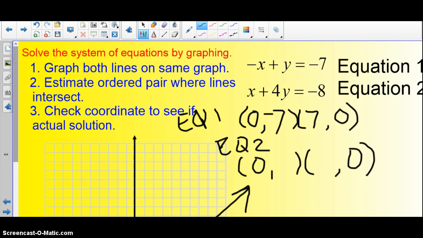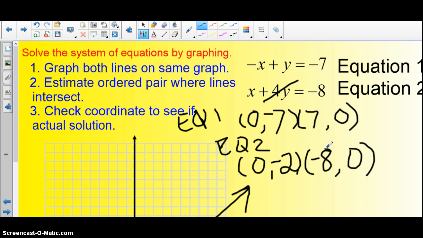Second equation, setting x to 0, takes care of that. We've got 4y is equal to negative 8. When you divide the 4 on both sides, you end up with negative 2. Then when we set y equal to 0, that tells you right there x is equal to negative 8.